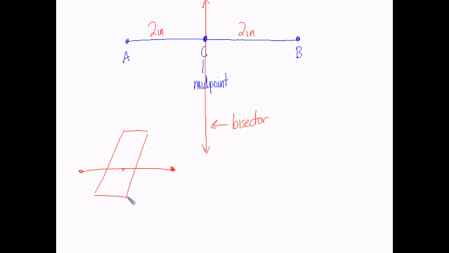If you had a plane that cut through the line at that point, this would probably be dotted. It can be a ray, it can be an angle, but basically anything that cuts something in half is a bisector.